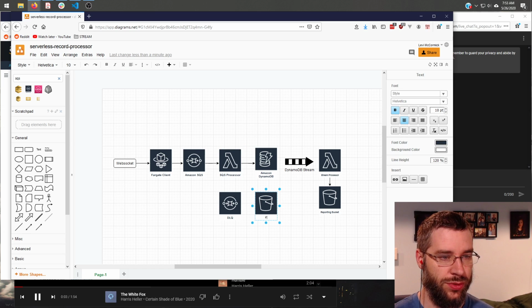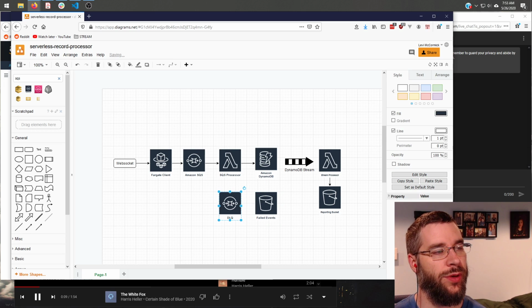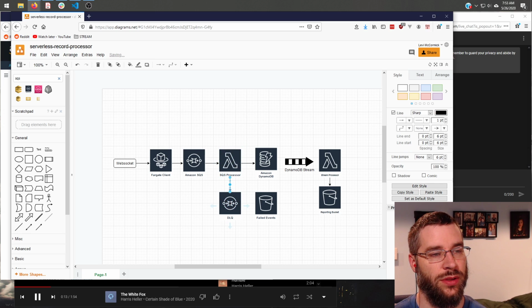So we will do... there we go. So now we've added kind of an error handling path.